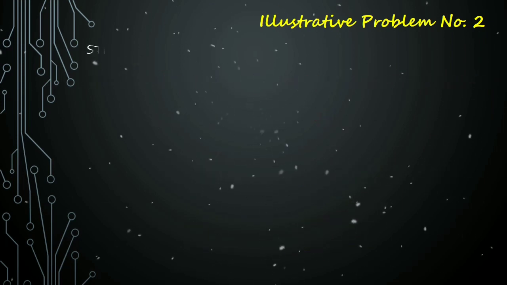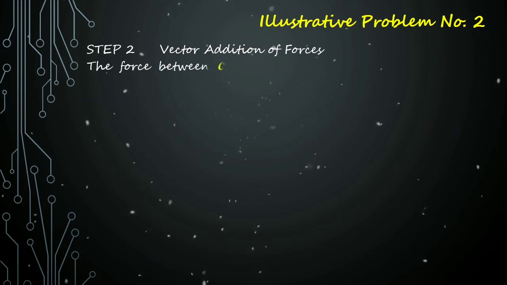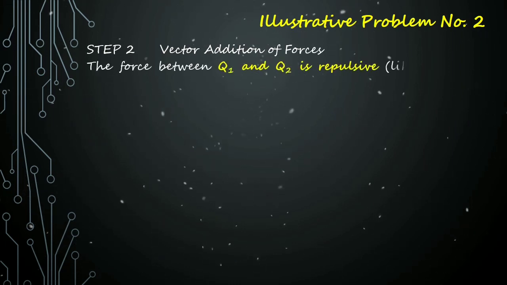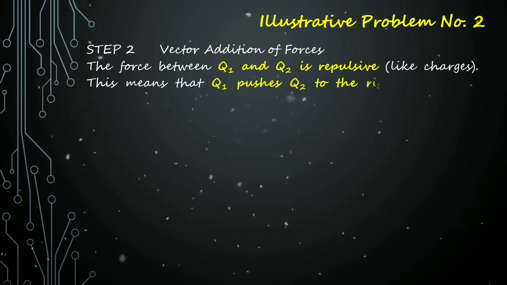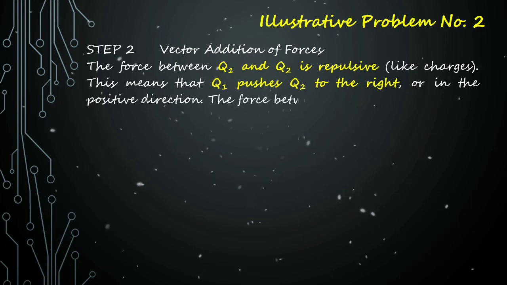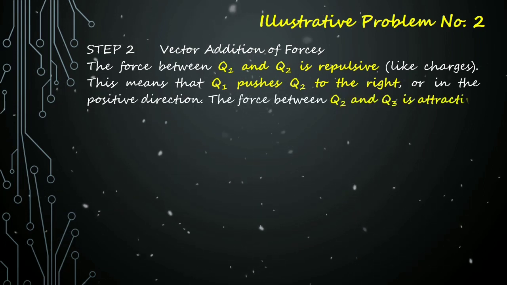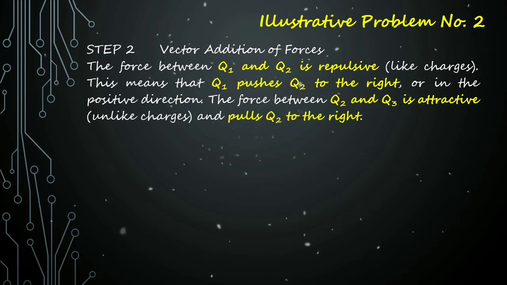The second step is the vector addition of forces. The force between Q1 and Q2 is repulsive, because they are like charges. This means that Q1 pushes Q2 to the right, or in the positive direction. The force between Q2 and Q3 is attractive, because they are unlike charges, and pulls Q2 to the right.